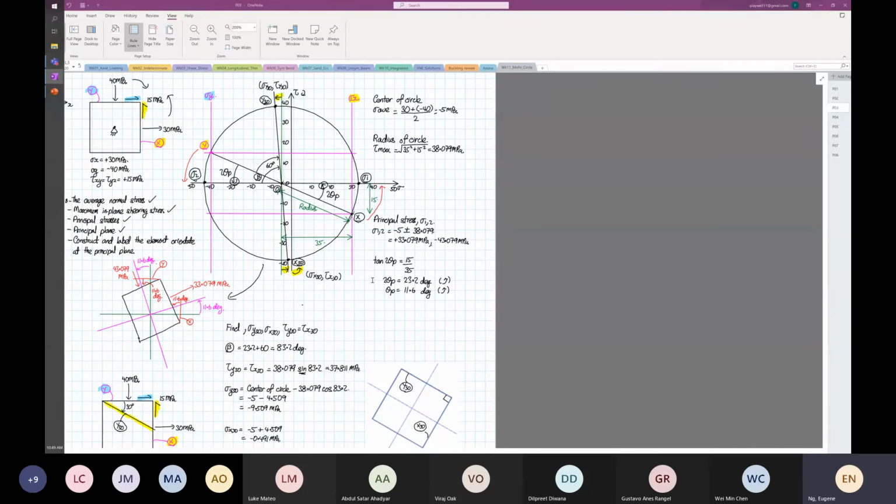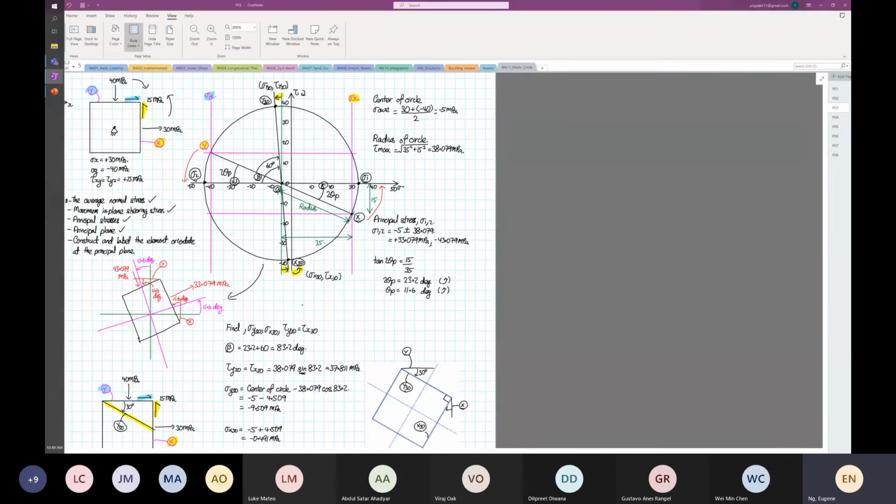Now I want you to focus on Y30 first. So you look at Y30 on the element. You draw a horizontal line, and this is your point Y. You draw a vertical line, this is your line for X. And this is rotating the element by 30 degrees.